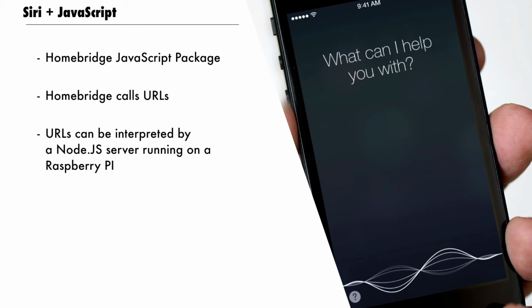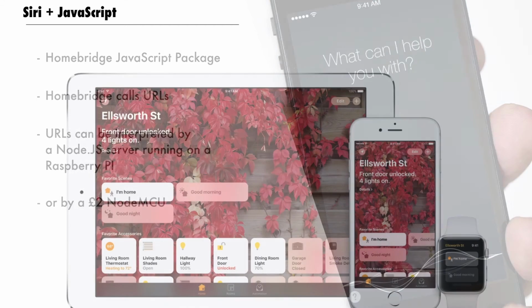It's really, really powerful. Just to reiterate, you can use a Raspberry Pi or a NodeMCU. You don't necessarily have to have a laptop computer running constantly. You can rely on these cheaper devices to control your home automation.